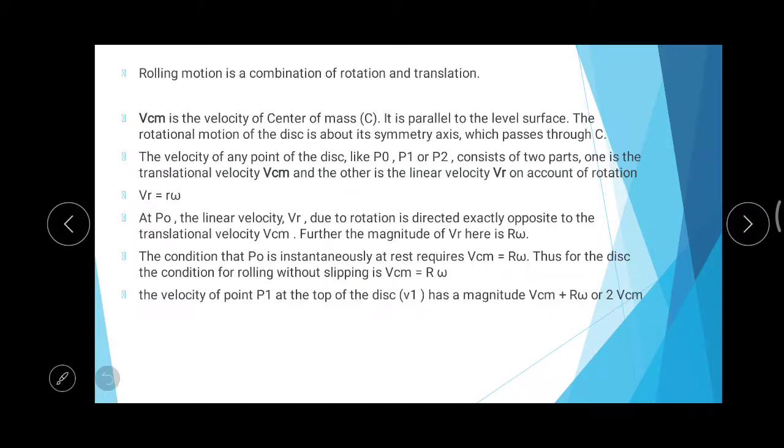So VR will be equal to R omega. Now if you are considering the point P0, the linear velocity VR will be in the opposite direction of the translation velocity VCM.